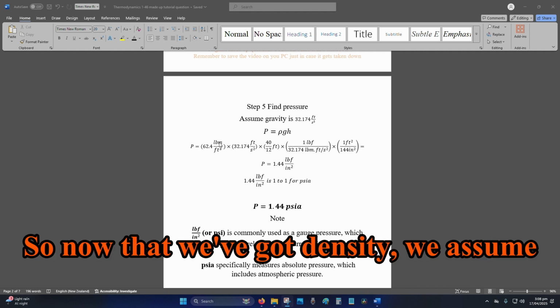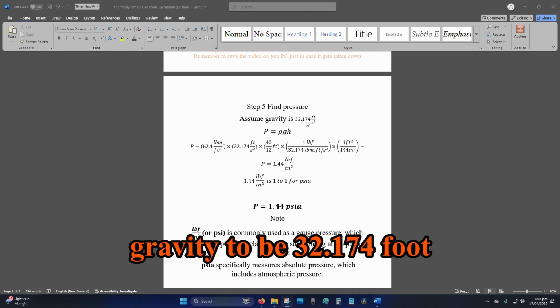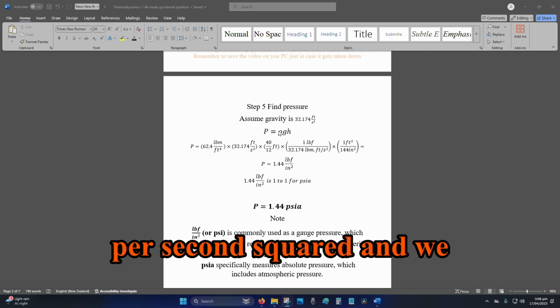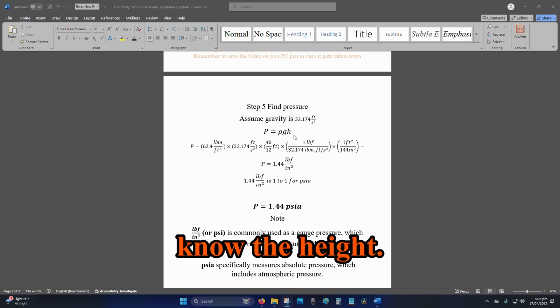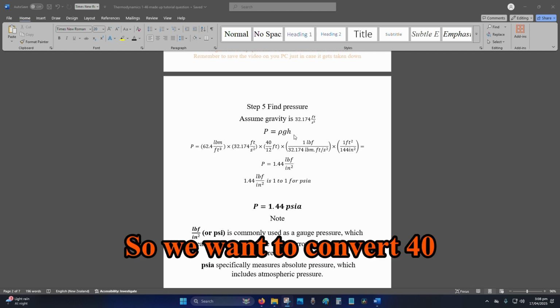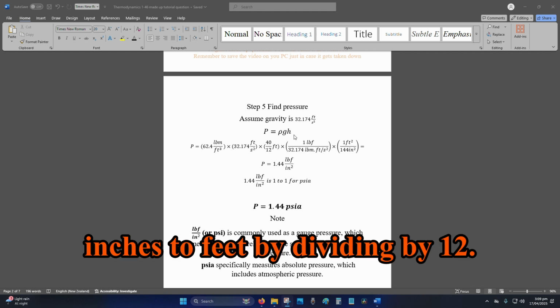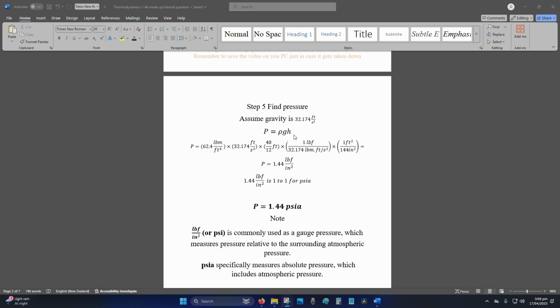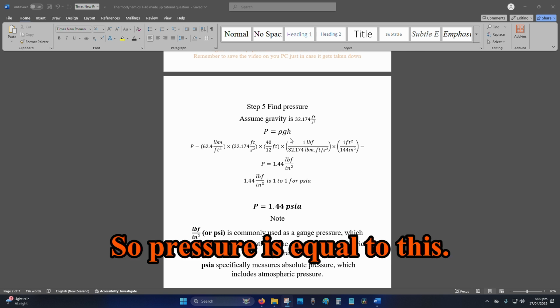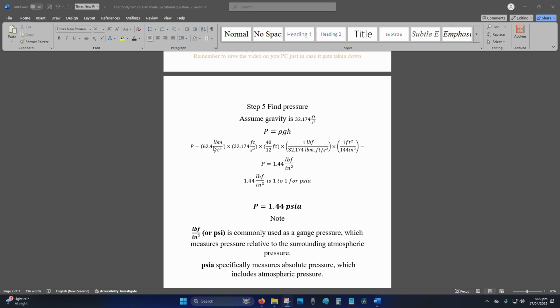Okay, so now that we've got density, we assume gravity to be 32.174 foot per second squared, and we know the height. So we want to convert 40 inches to feet by dividing by 12. Alright, so pressure is equal to this.